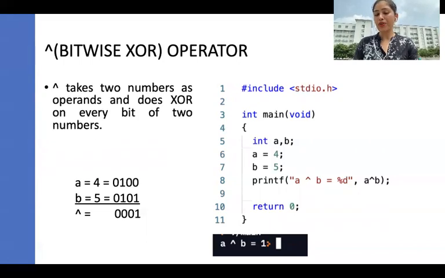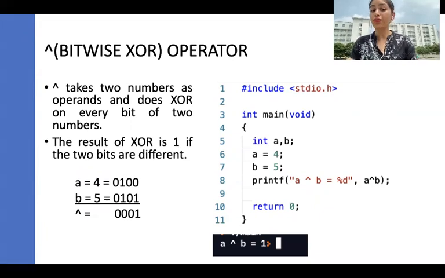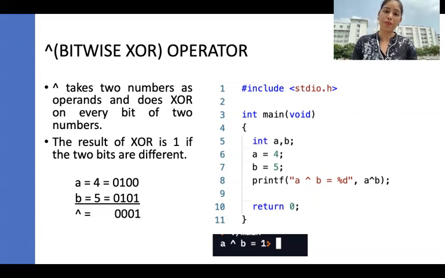So the principal rule of the bitwise XOR is, in contrast to the bitwise AND and bitwise OR, it will produce the true value only when the two bits are different. Yes, only when the two bits are different. So the result of XOR is 1 only if the two bits are different, for example, 0, 1 or 1, 0.